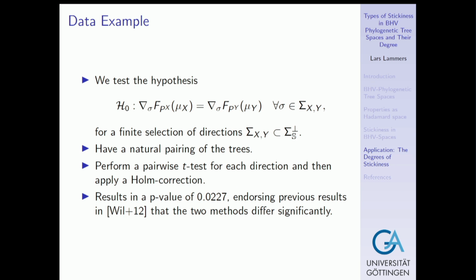Well, this is a real data example. We don't really know what distribution these trees follow. You observe that the Fréchet mean seems to stick. So what you're observing is the finite sample stickiness rather than the real stickiness. Yes, that's exactly right.